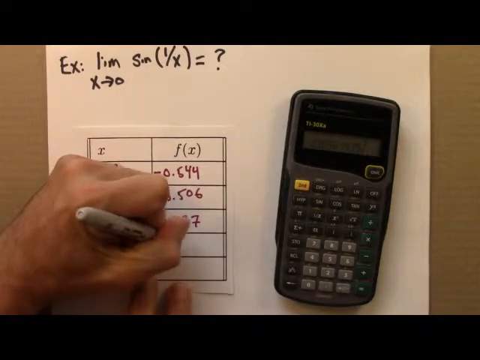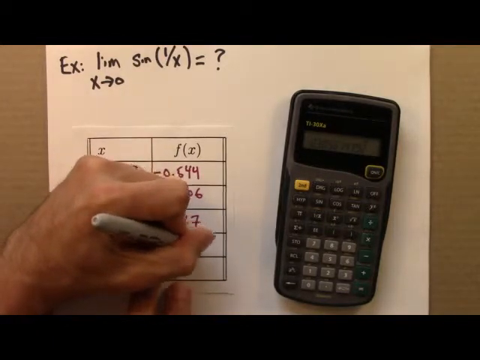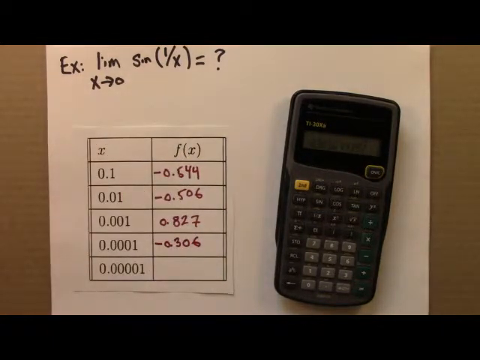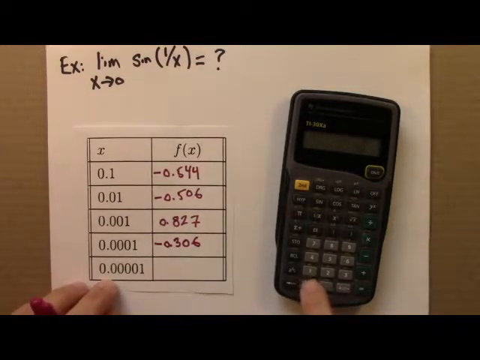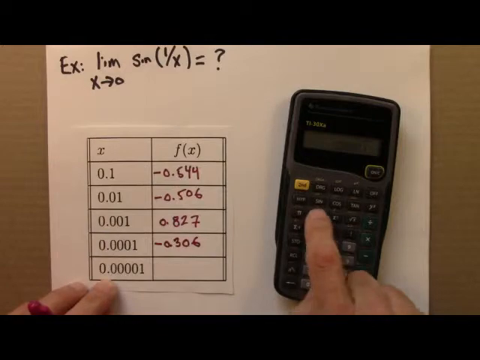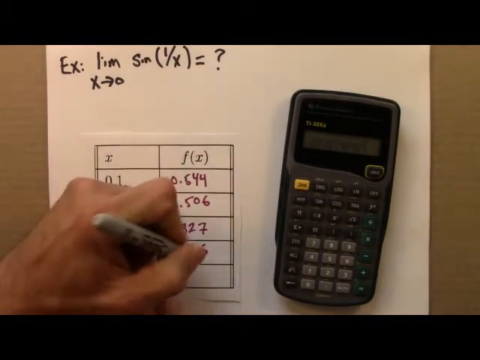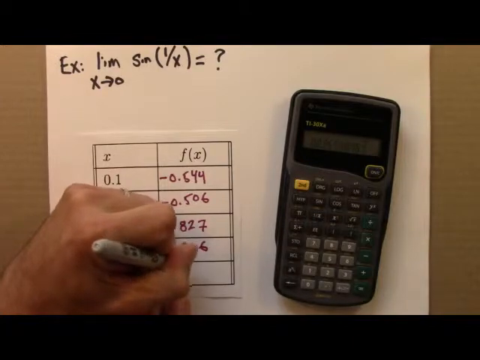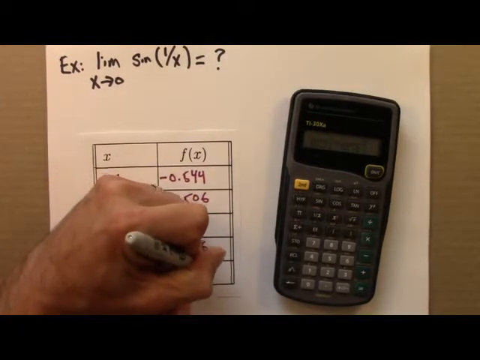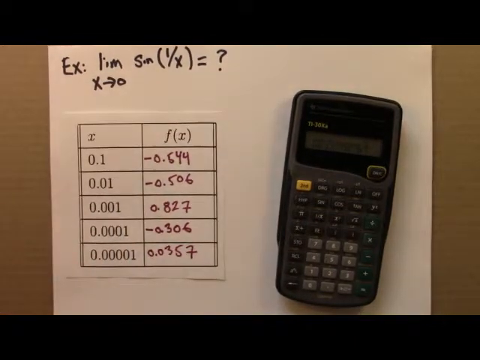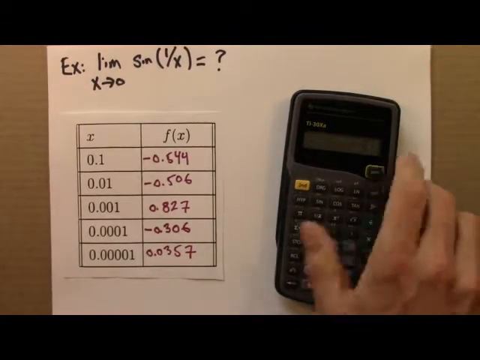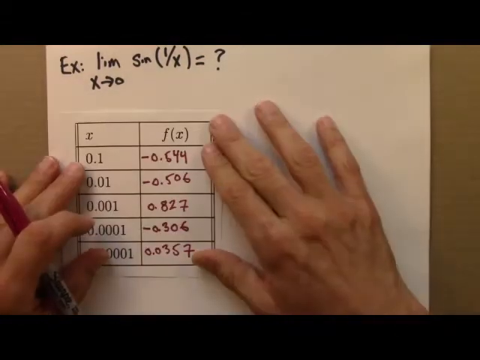Minus 0.306. And it's hard to see where this is headed. Let's do one more. Upside down, sine. 0.0357.